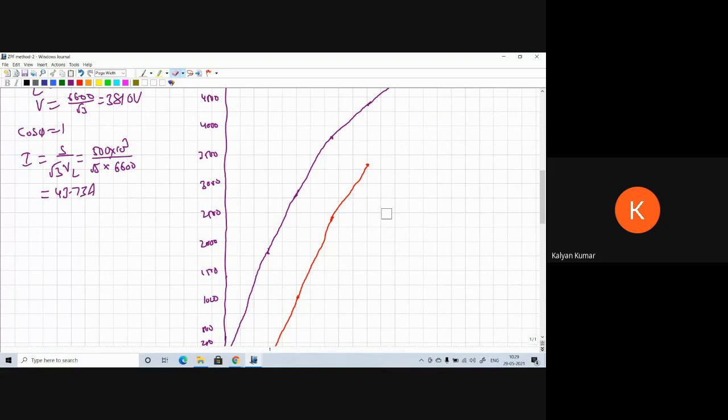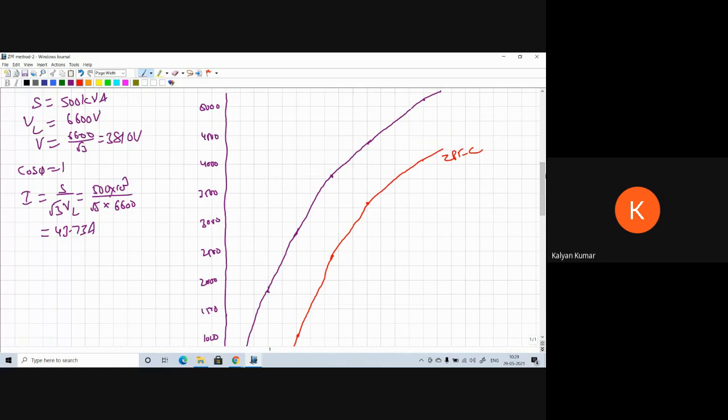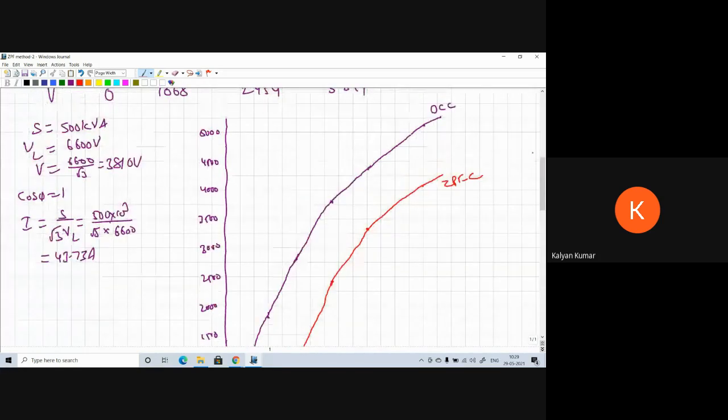For 140 it is 4040, 4000 here. 110, 120, 130, 140 here. Zero power factor curve. So in this way, we can plot the OCC and ZPFC curves.